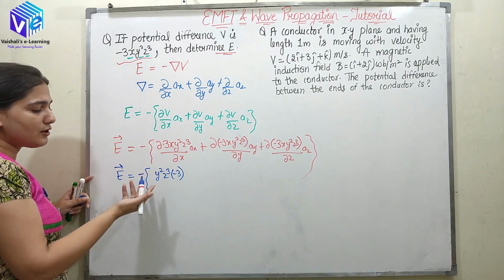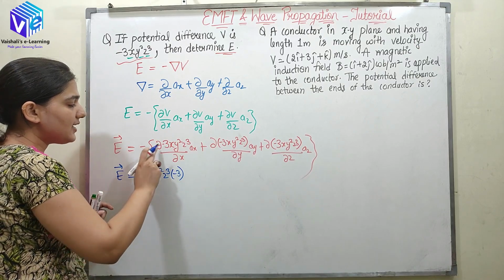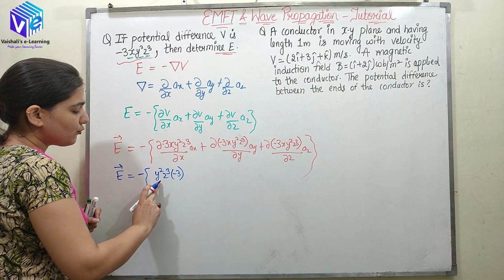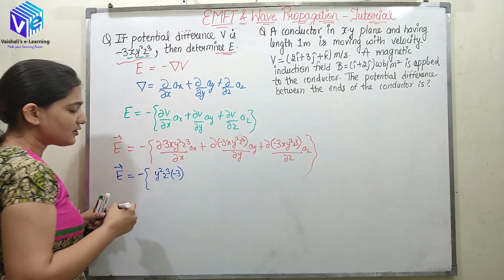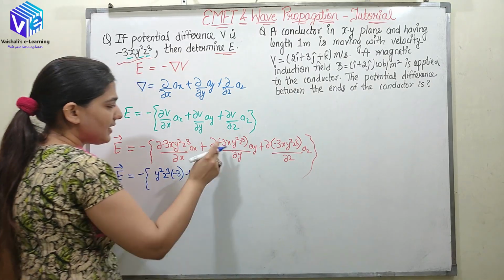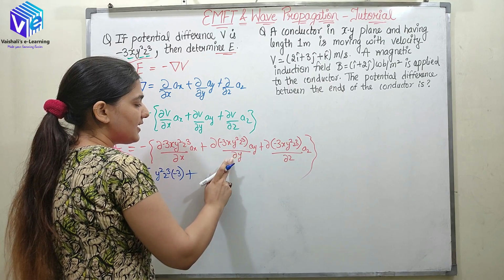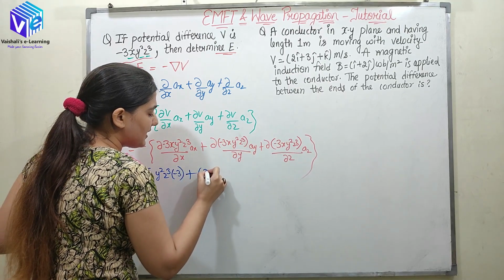Actually minus 3 was also constant and I could have taken minus 3 outside too, and then I would be left with del x upon del x, which is equal to 1. So here I will be left with minus 3y square z cube. Plus here we'll have del of minus 3xy square z cube with respect to del y. Whatever constants are here, we'll take them outside.